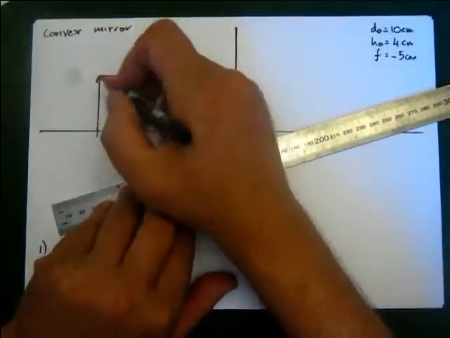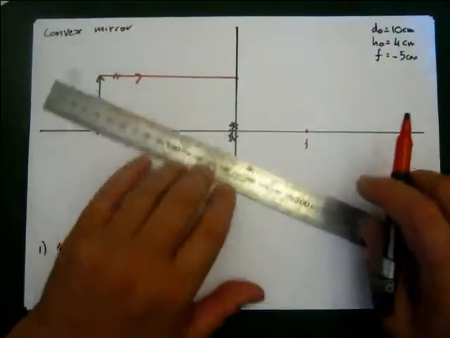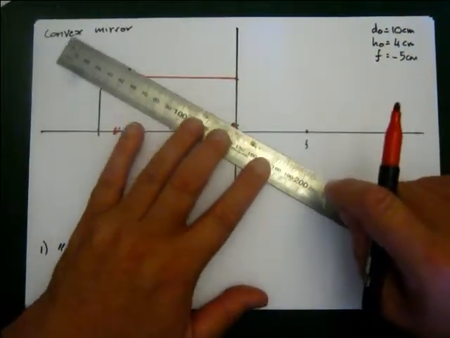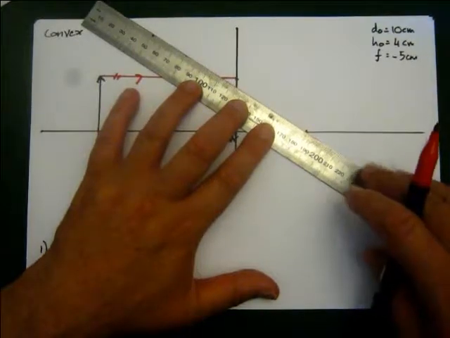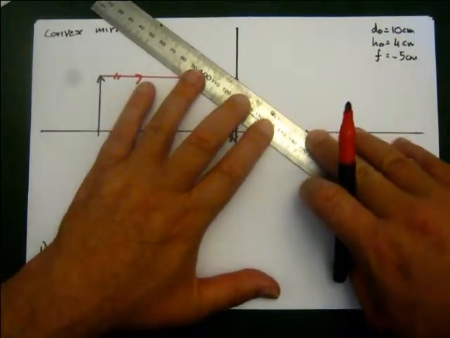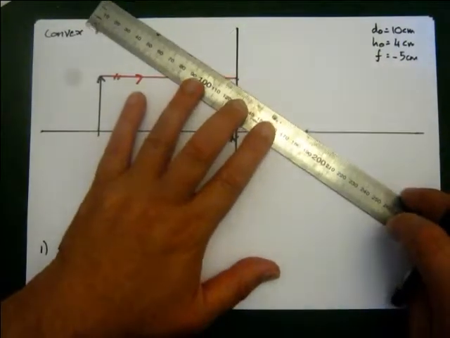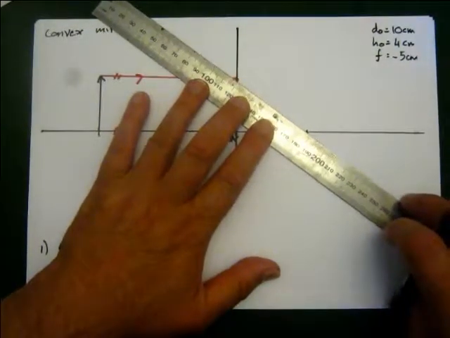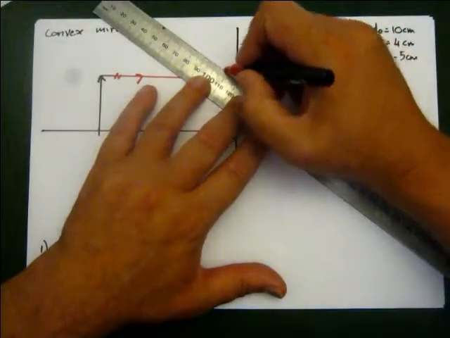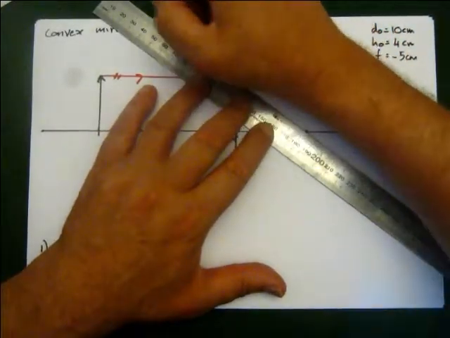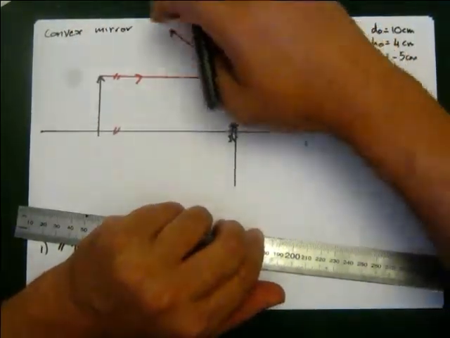And then it hits the mirror, and it will reflect along a line similar to what we did in the other ones. If I put this ruler so it touches F and this point, it's going to touch F and the bounce. It's going to reflect up that way.